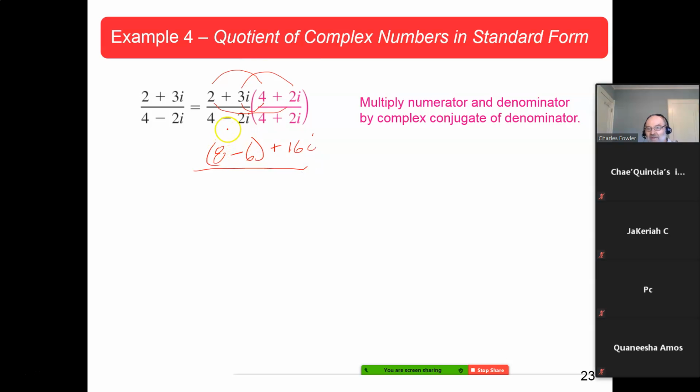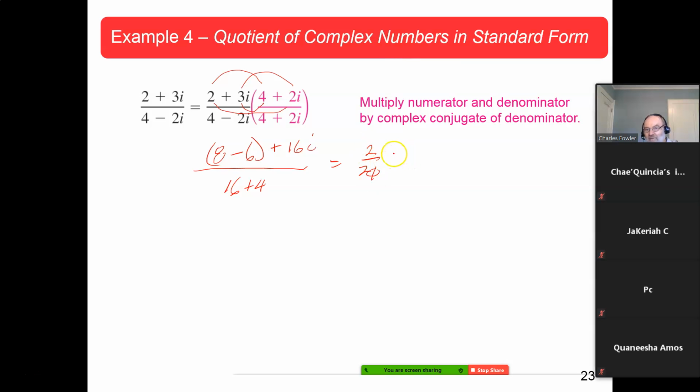Now do your denominator. And that's always easy. 16 plus 4. Multiply these two together, you get 16. Multiply these two together, you get a minus 4i squared, which is a plus 4. Okay, so what do you get here? That would be 2 over 20.